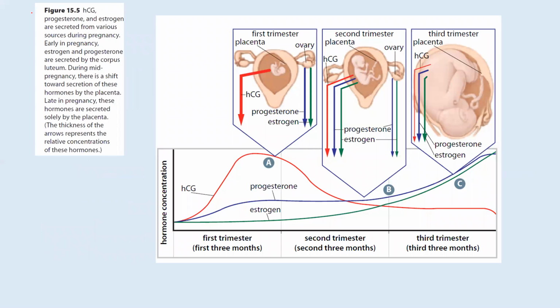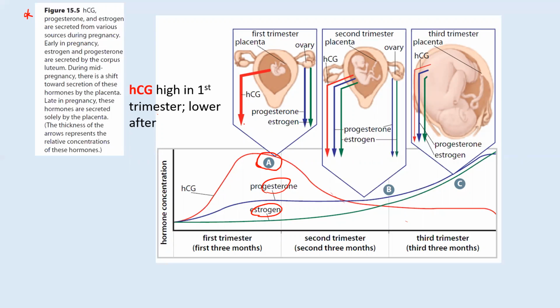So this diagram shows all of this on figure 15.5. HCG high in the first trimester, there it is. And then increasingly, these levels of progesterone and estrogen increase, the corpus luteum isn't large enough to be producing increasing levels of progesterone and estrogen. These are coming from the placenta. And we see that here.